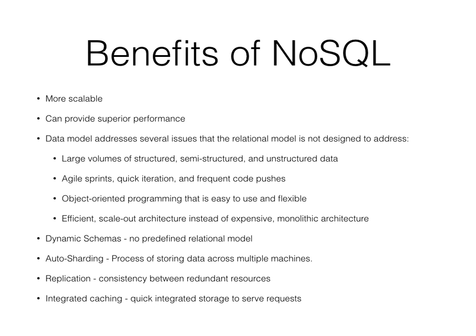So for that, it can really provide some very superior performance. A data model in NoSQL addresses several issues that a relational model is not designed to address, particularly with respect to large volumes of structured, semi-structured, and unstructured data.